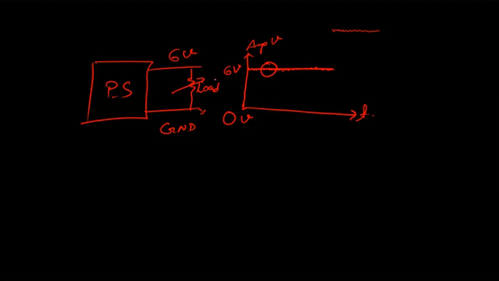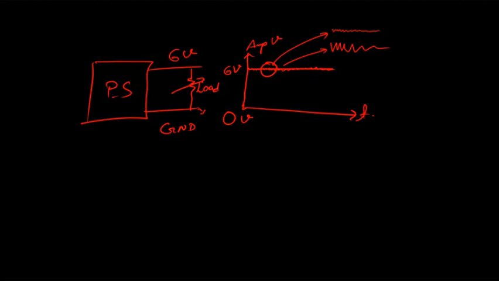The behavior of the load, whether resistive, capacitive or inductive, or even when the load changes like 2 ohm, 10 ohm, 200 ohm, 2K, 20K and so on, changes the amplitude of these ripples. So this is called ripple output, and it also changes.